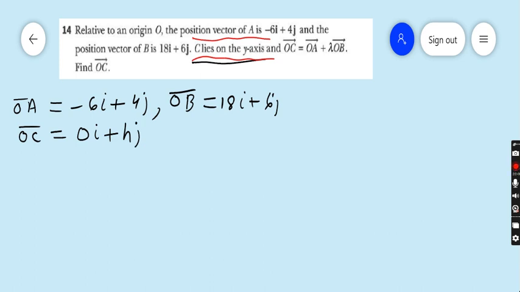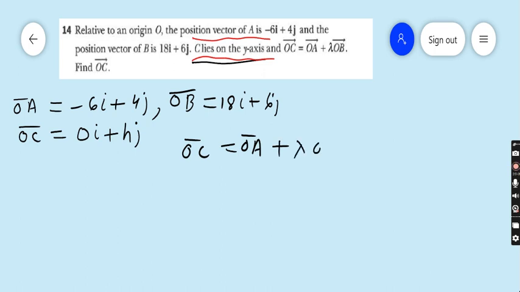Why 0? On y-axis the value of vector i is 0 and the value of vector j we don't know, so we have written h.